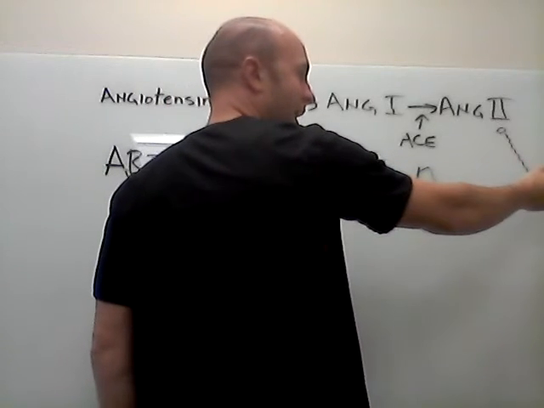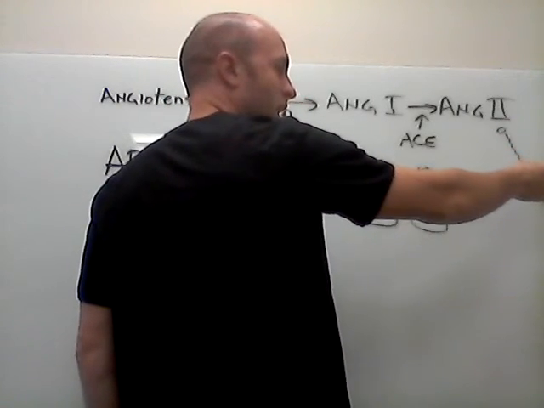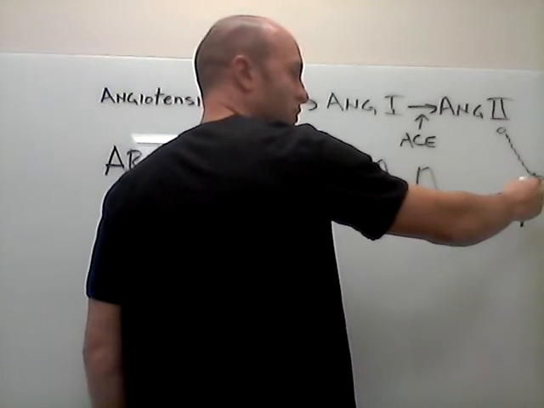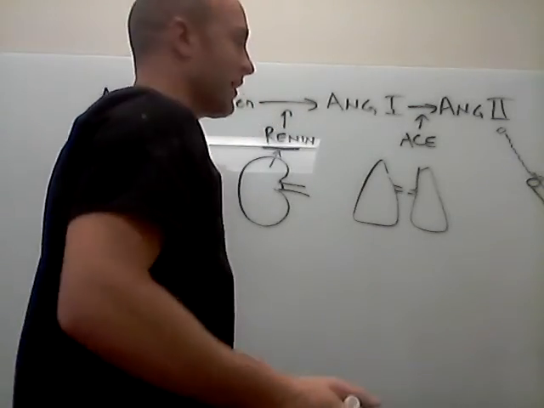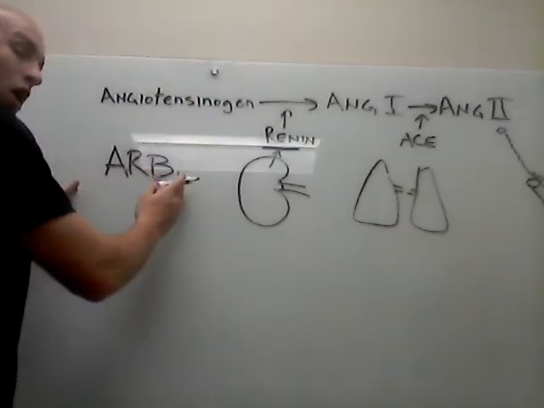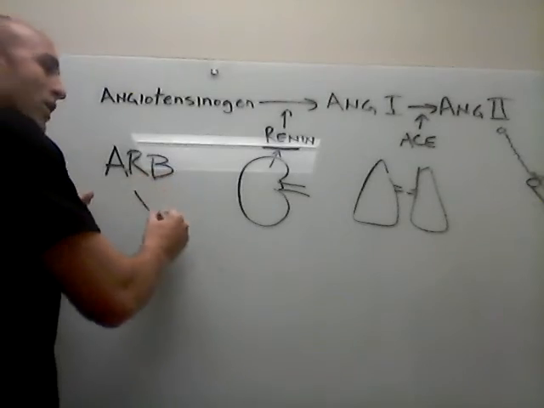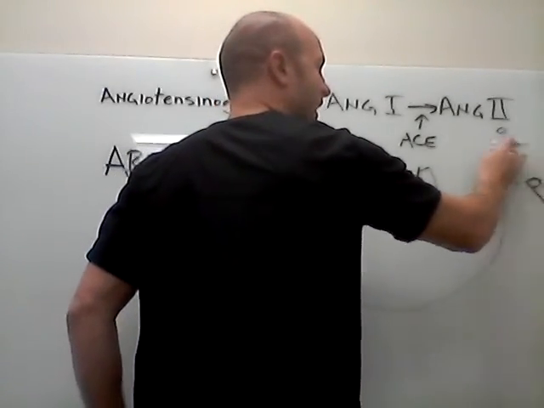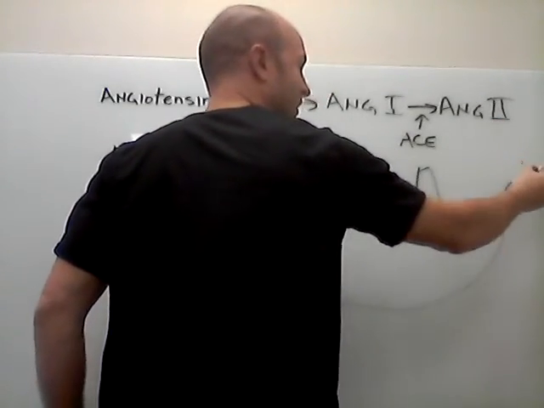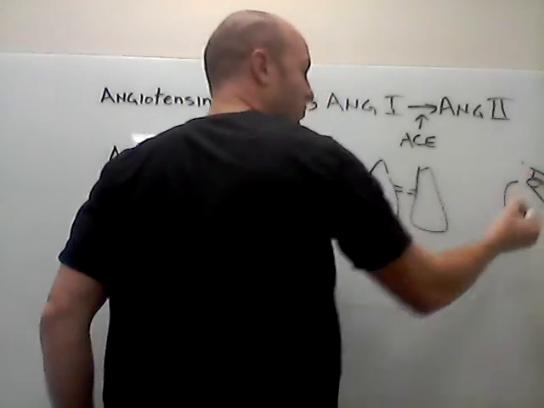And when this angiotensin 2 binds, it would cause the blood vessel to get really tight and small. So what if we gave somebody a drug that went over here before this guy could get there, and he looked similar, but he blocked it?